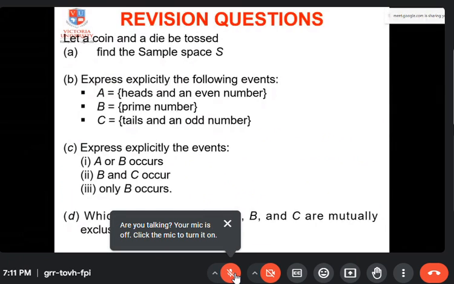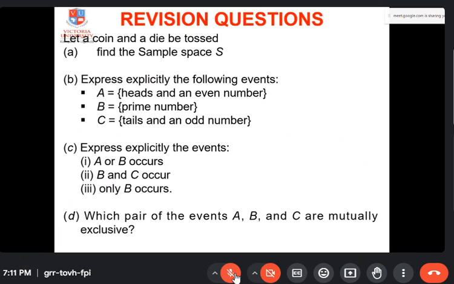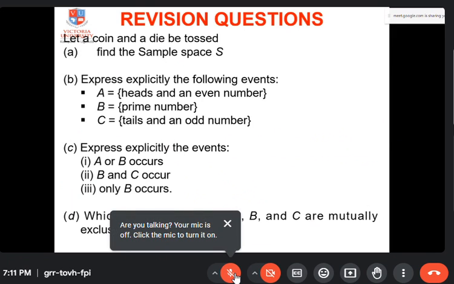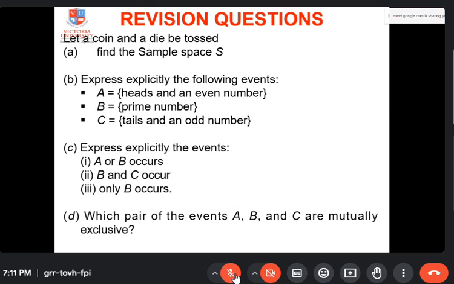Then we can think about A and C. I think A and C are mutually exclusive. We don't have any intersection there. Is that okay? Yes, so that is the set which is mutually exclusive. Okay, let us continue.